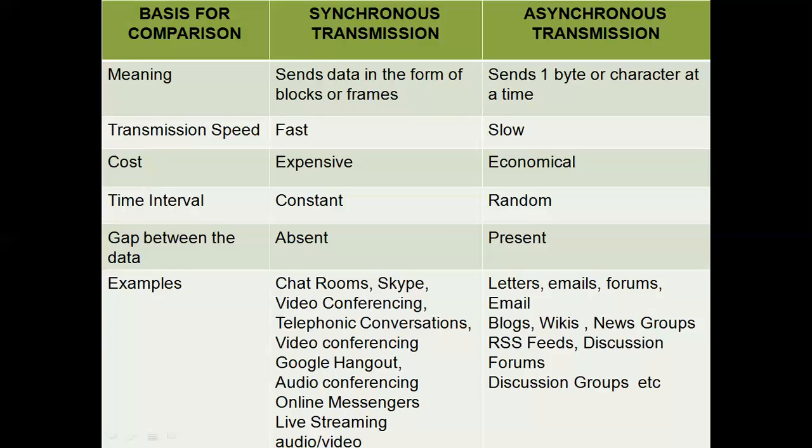And the gap between data. In synchronous transmission, the gap between the data is absent, and in the case of asynchronous transmission, the gap between data is present. Examples of synchronous transmission are chat rooms, Skype, video conferencing, telephonic conversation, Google Hangout, audio conferencing, online messengers, live streaming audio, video, and so on.